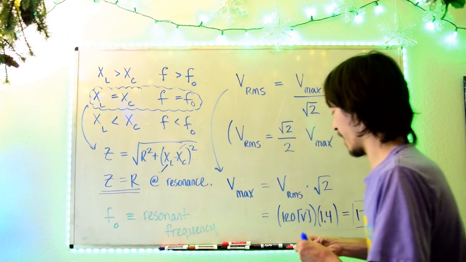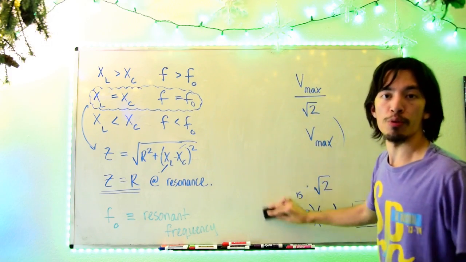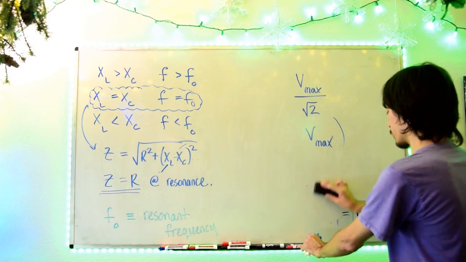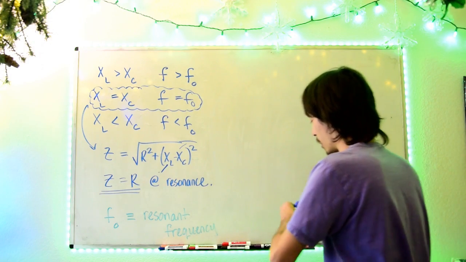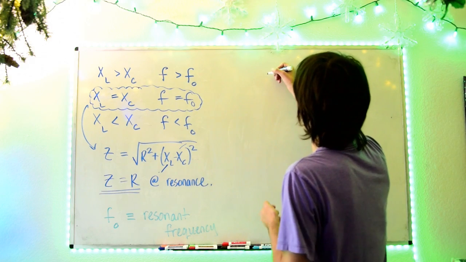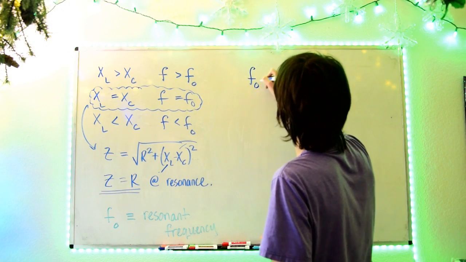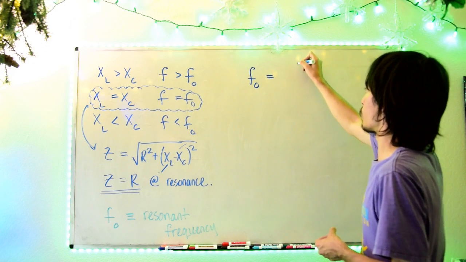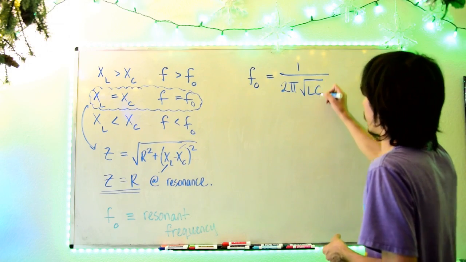Okay. And if you want the equation for that, so if I asked you to calculate out the resonant frequency, that can be pretty easily done, given that you know what the values in your circuit are for the capacitor and the inductor. So the resonance or resonant frequency is 1 over 2 pi square root of LC.